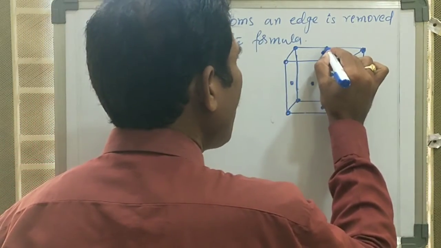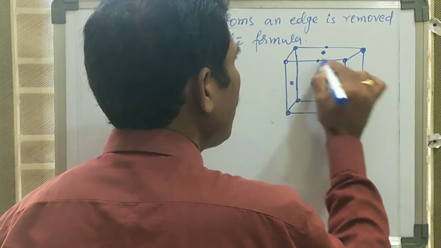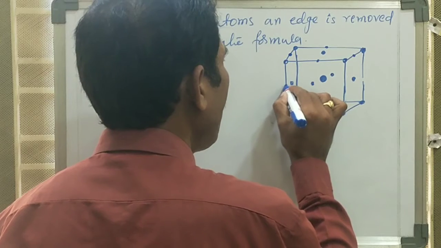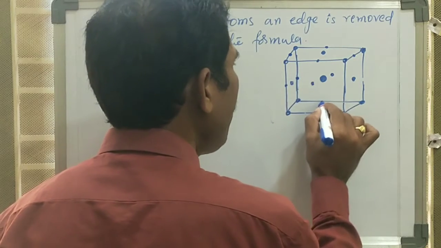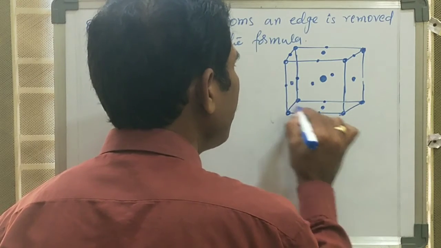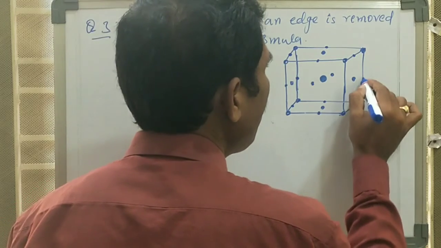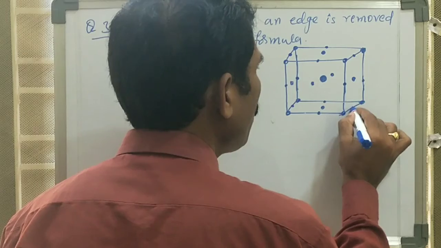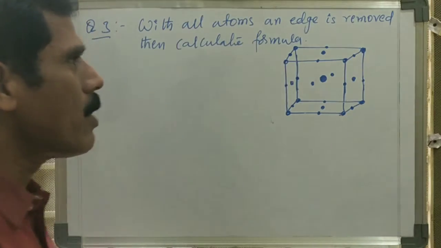Then this is the edge center. The spheres or atoms are occupied on each and every edge center. So totally how many edge centers are there?